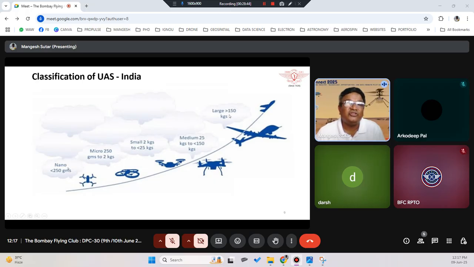Whereas large drones will not be more or less like your quadcopter. They will be like aeroplanes, because drones larger than 150 kg will not be like a rotorcraft. Maybe there could be some, but they will have multi-functionality. It could be a hybrid form, or maybe purely aeroplane.